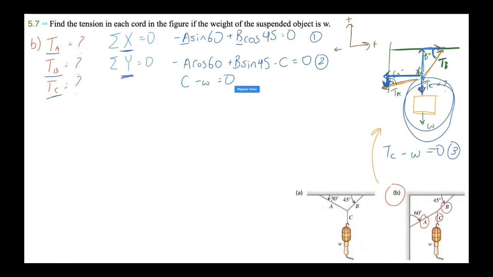Also, you might ask, hey, didn't you just say that TC pointed downwards and now you're saying TC points upwards? Well, that's tension for you, right? Tension is going to oppose the direction where one force is already facing. So if a box is downwards, then tension is going to pull upwards, right?